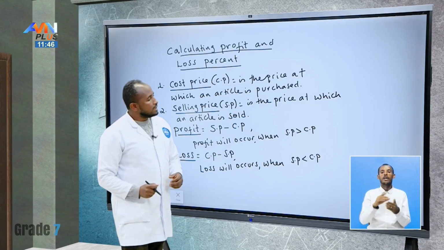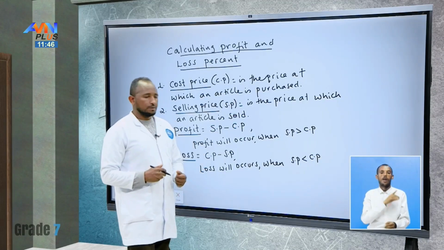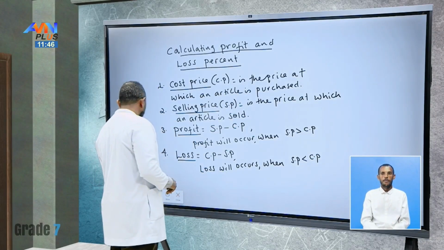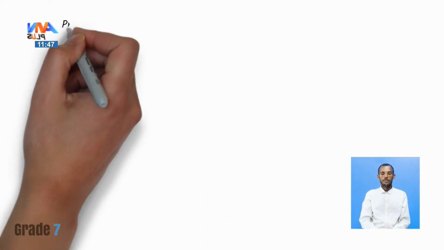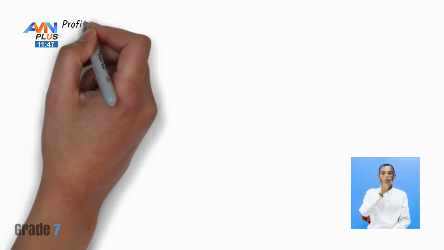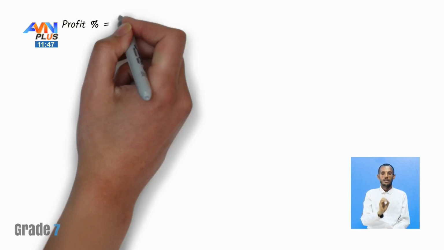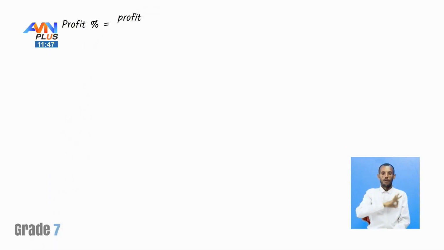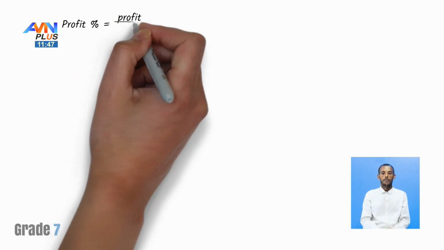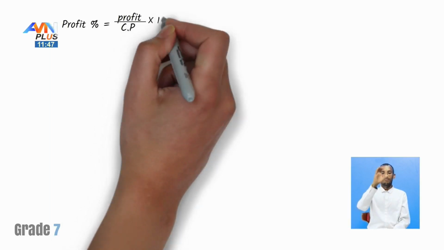Now, let's see how to calculate a profit and loss percent. Profit percent. To calculate profit percent, you simply divide the profit amount by the original cost or cost price, and then you multiply this by 100% to convert it into percent.